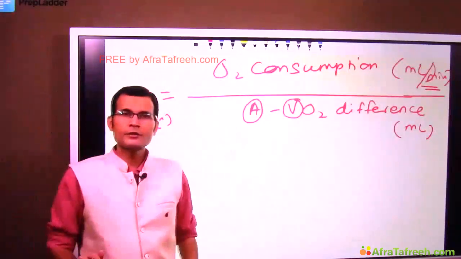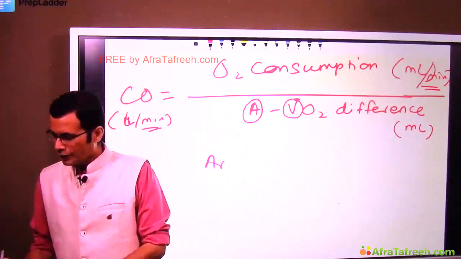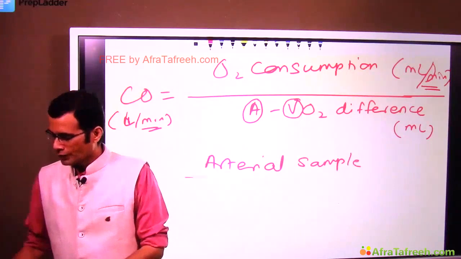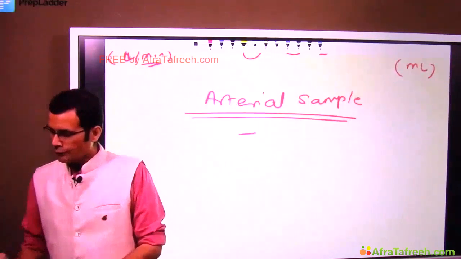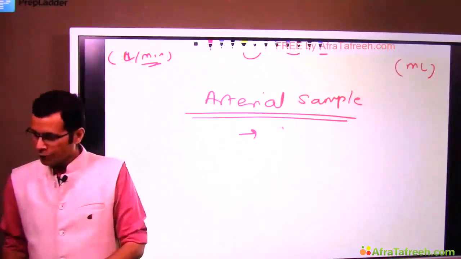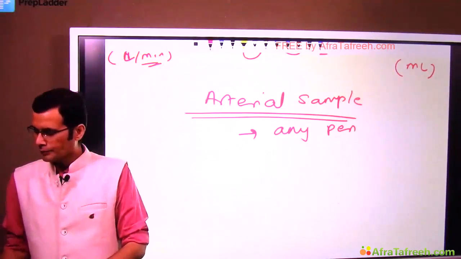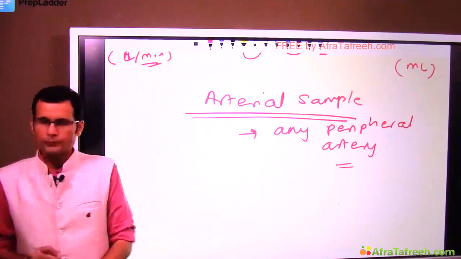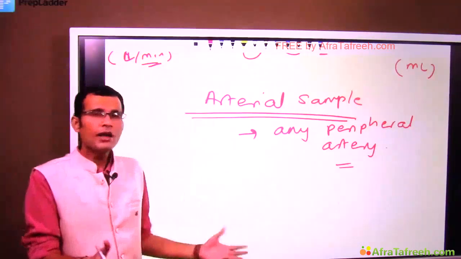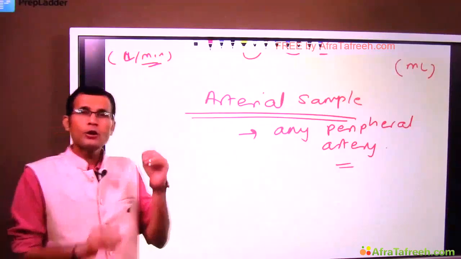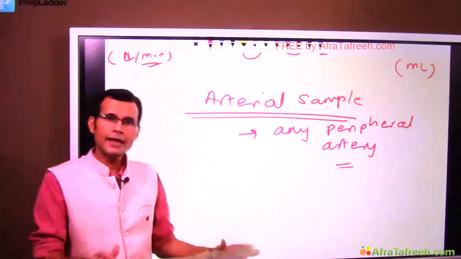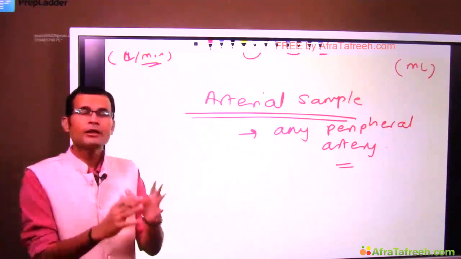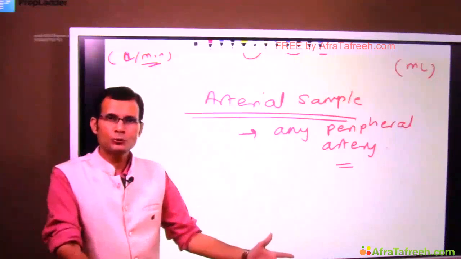Now come to the denominator. We will need arterial sample for its oxygen level, and arterial sample can be collected from any peripheral artery, because you select any artery, the oxygen level is the same in all the arteries till the blood reaches the tissues.